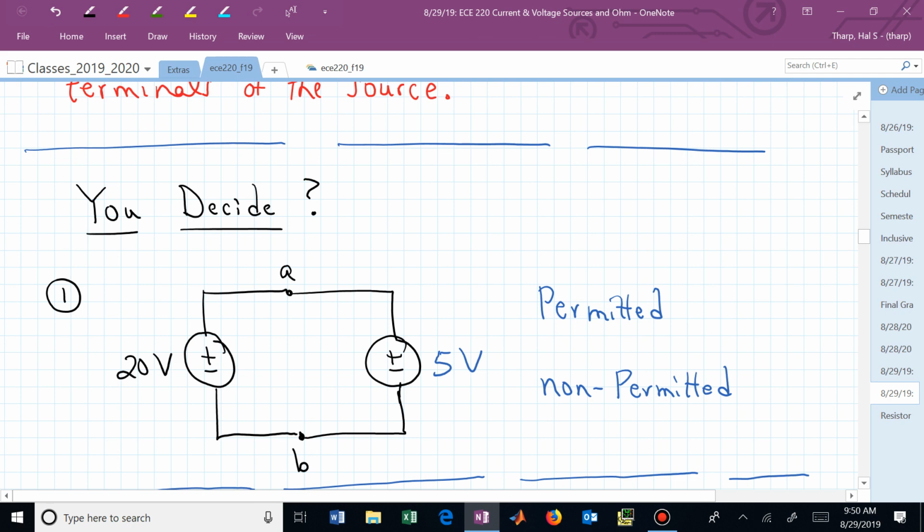Suppose I do that. I have two ideal sources and I connect them together. I have a 20 volt source and a 5 volt source. Is that permitted or not permitted, based on the definition of the ideal voltage source? These are now voltage sources.